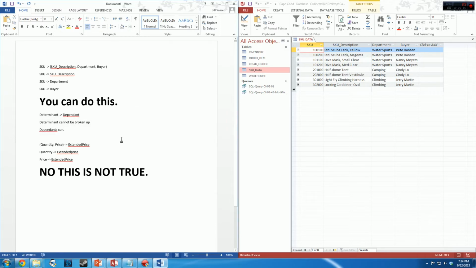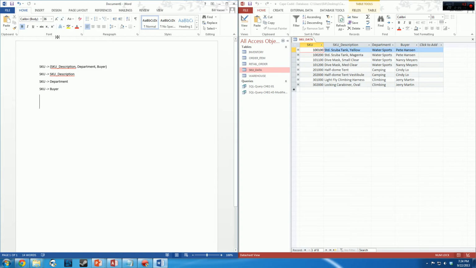So back to what we were doing earlier. We've already identified this dependency within the data. So let's continue on. And literally, we're just going to look at this field by field. SKU description. Well, it's not a key, but we can tell from looking at the data that the SKU description is also unique.